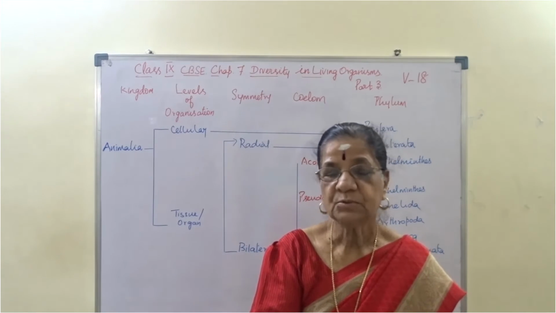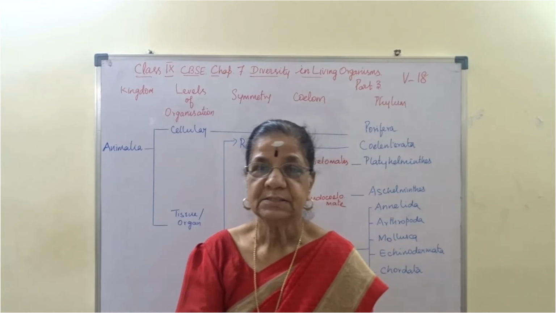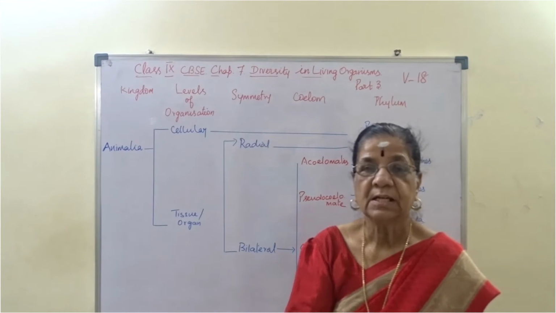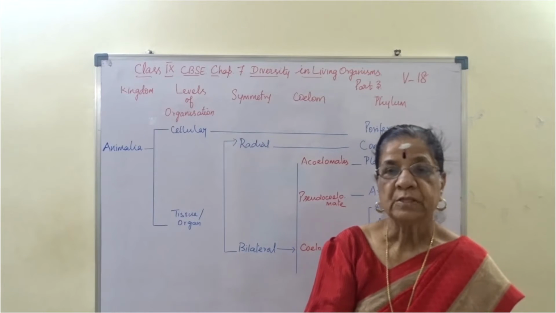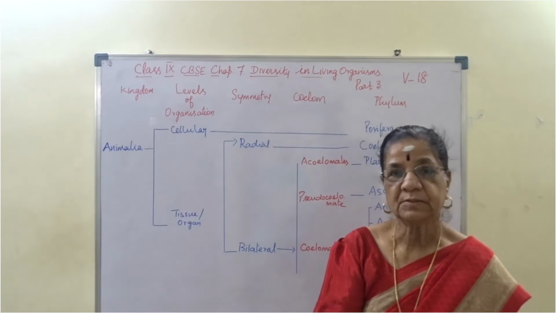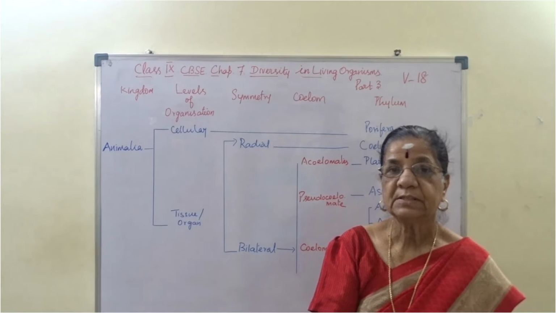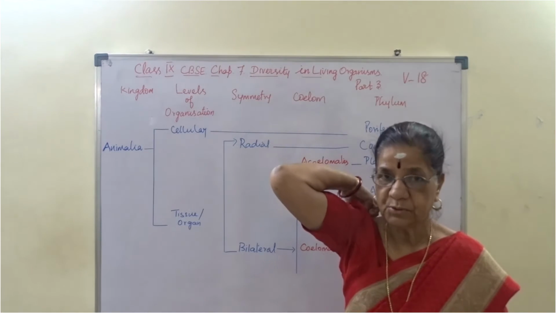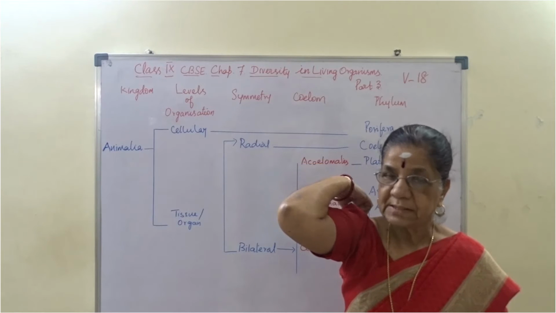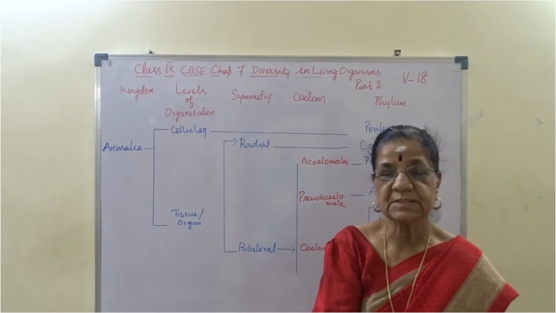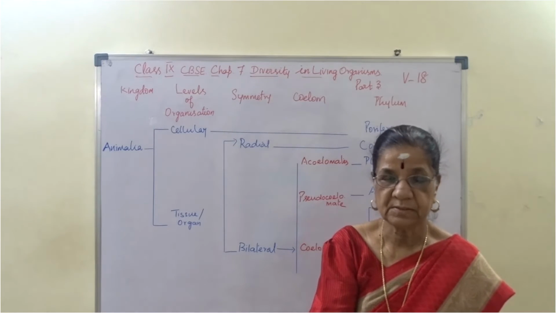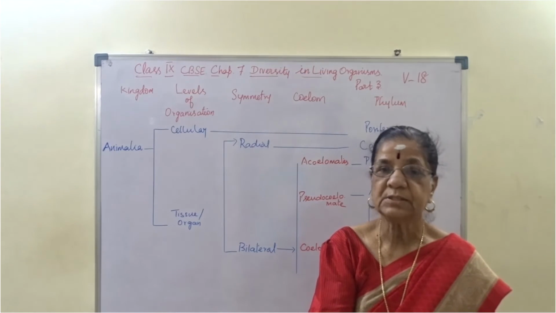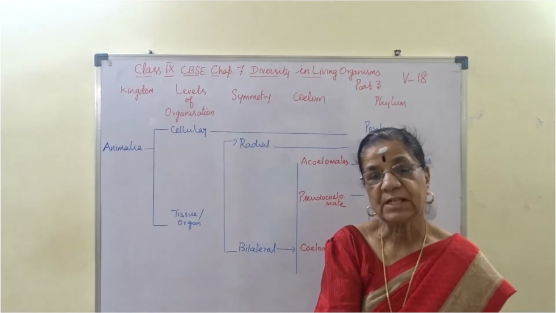So far for the diversity lesson we have done the 5 kingdom concept in detail as video number 14, and the plant kingdom characteristic features as video number 15. And 16 and 17, as I said, were for natural resources, another lesson.